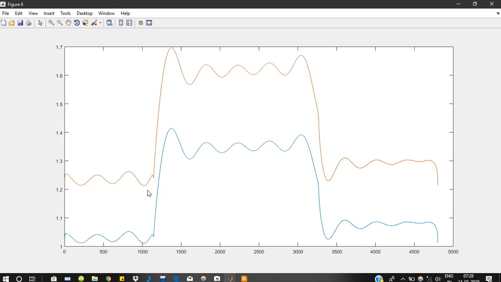I've compared here my two results. One curve is from my built Hilbert transform function, and the blue colored one is from the Hilbert transform function itself. As you can see, the two curves match well except for a certain scaling factor.